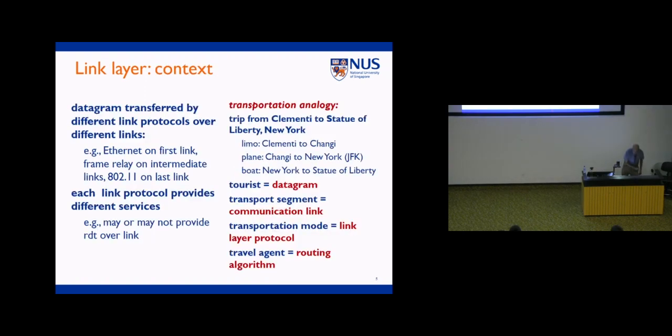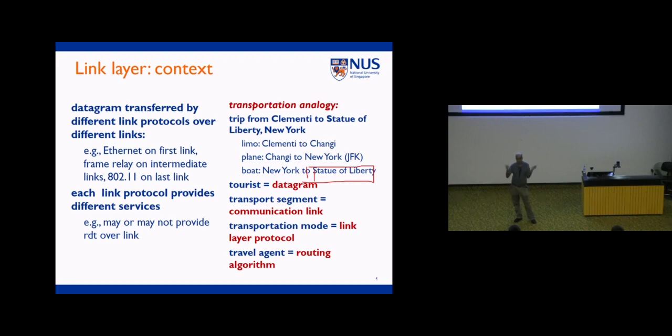Let's take an analogy from transportation. Let's say I want to go to the Statue of Liberty, off Ellis Island between New Jersey and New York. If I were to go from here, I will first look up what is the best way to go.